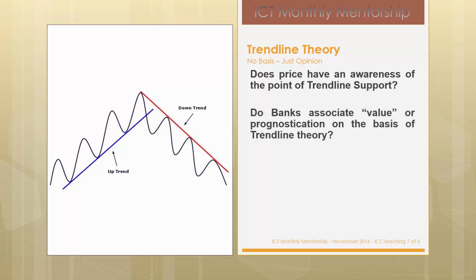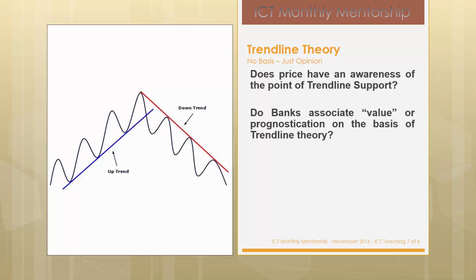Do banks associate value or prognostication on the basis of trendline theory? I'll submit to you, no, they do not. Now, for some that are in the financial industry, maybe you're working at a bank, maybe you have used them in the past and you've had success. I'm telling you, the banks don't have any association or prognostication placed on valuing a trend line level on a diagonal basis.